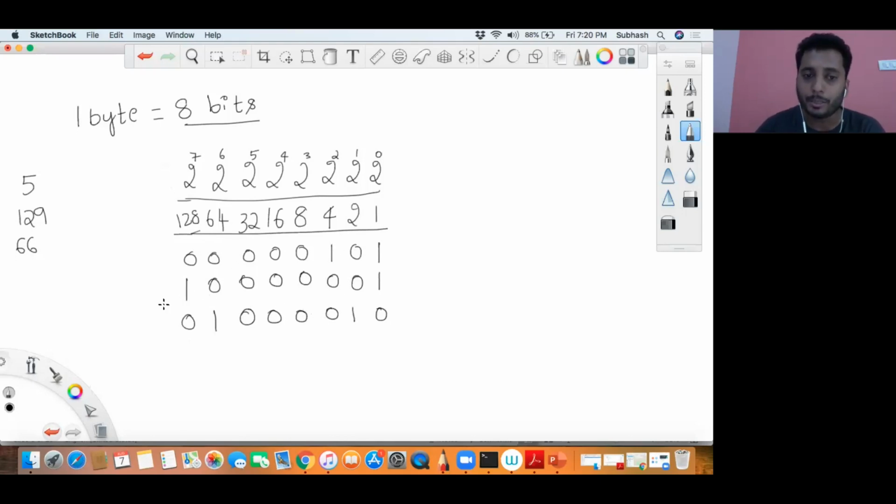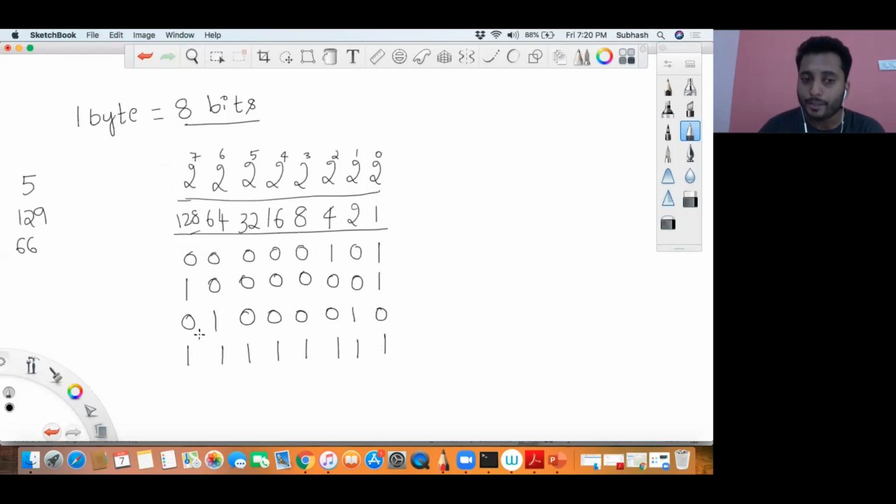Similarly, my question in the previous slide was, what is the biggest number that I can store in 1 byte of memory location? The biggest value that I can store in 1 byte of memory location is all ones. That is 1, 1, 1, 1, 1, 1, 1, and 1.